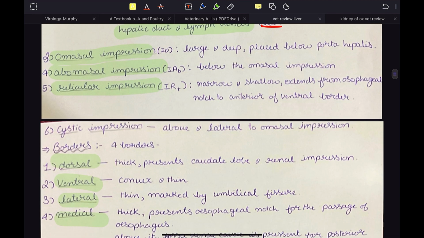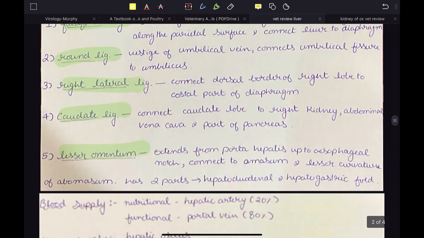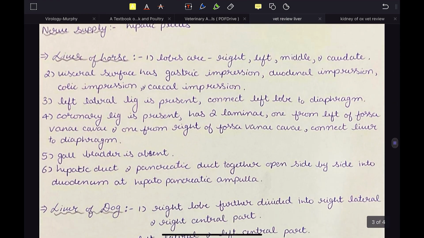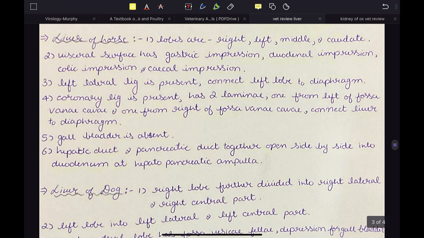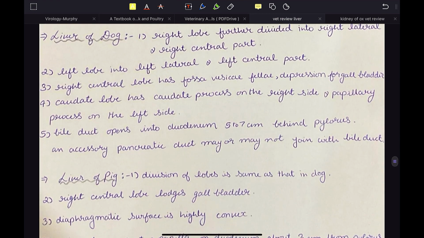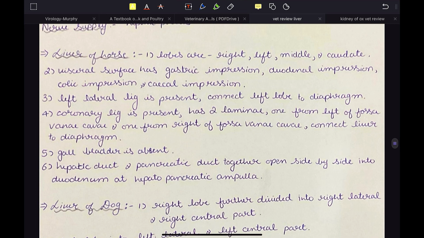But since horse, dog, and pig are not ruminant animals, they are monogastric, they don't have these structures. So they have gastric impression instead, and in case of horse, the large intestine is very big and complex. So the colic and cecal impression are present, but in case of dog and pig, these are not present.